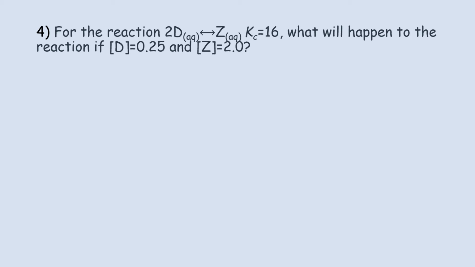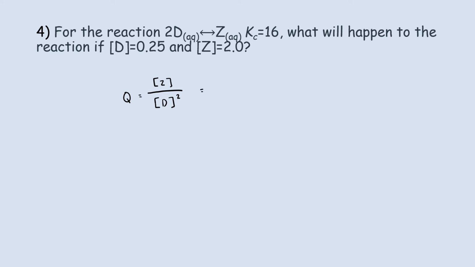Question 4. For the reaction 2D going to Z, if Kc equals 16, what will happen to the reaction if the concentration of D is 0.25 and the concentration of Z is 2.0? To solve this question, we first need to solve for Q. So we can solve for Q by setting the concentration of our products, Z, over the concentration of our reactant, D. In this case, there's a coefficient of 2 in front of D, so we need to raise the concentration to the power of 2.